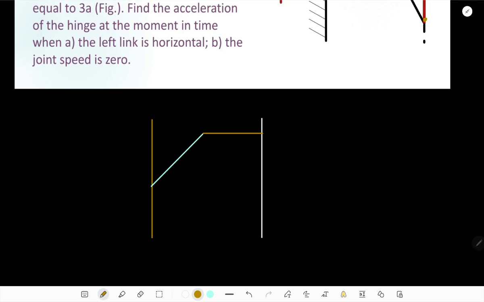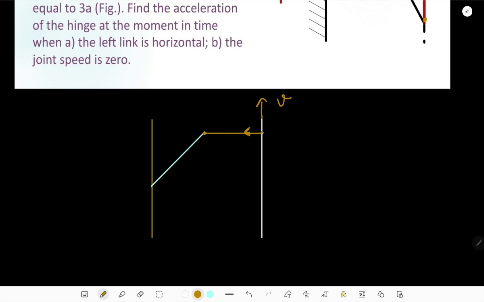I don't need to guess, its velocity is v, and since it's a rigid body, the velocity of this point is v, so the component of velocity in this direction is 0. And what was the problem exactly? The joint speed is 0, and now this speed is also 0, because this speed is 0 and this speed is 0.